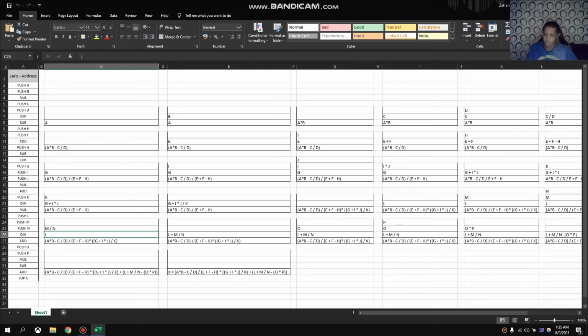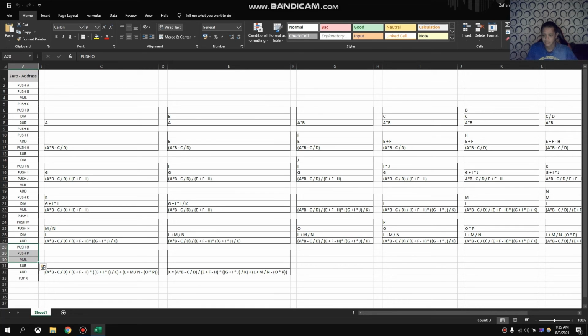So that means M divide with N, and then we can add the first one. That means L plus M divide with N, because the L came first. And then we can start with pushing O and P.